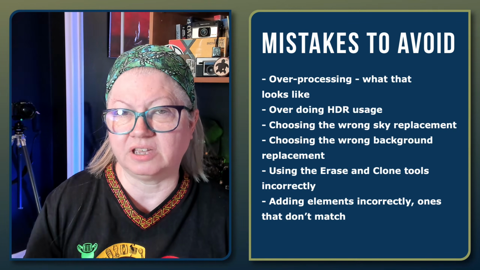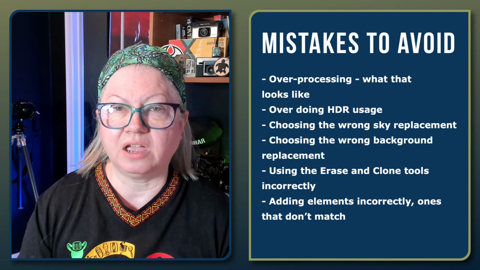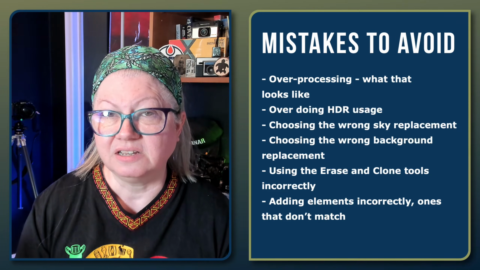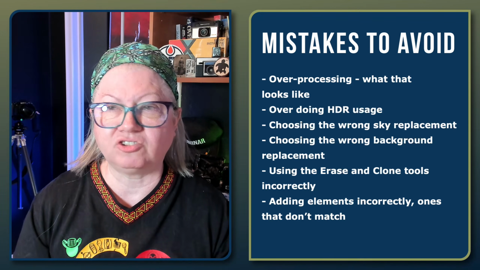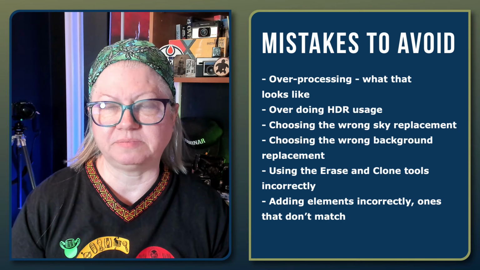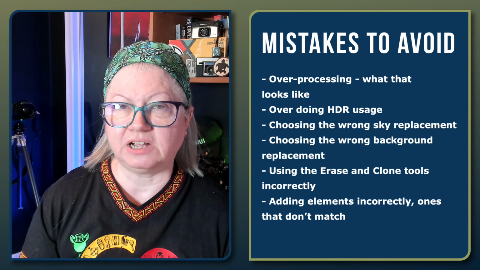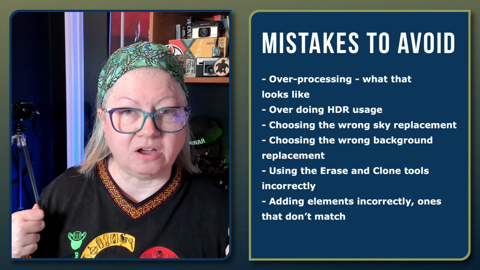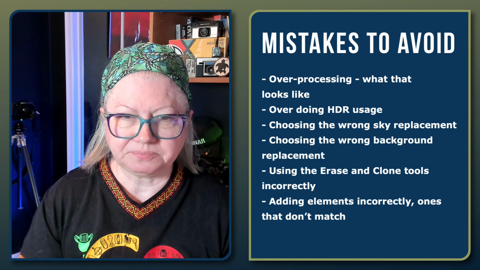So I'll tell you the things that indicate to me a sky replacement, because it's giving me hints that the original sky has been changed. Okay, there's some things that just don't match up. Okay, likewise with the background replacement. So you can cut out your subject, especially in a portrait style image, and change the background, but there's some better choices for a background than others.